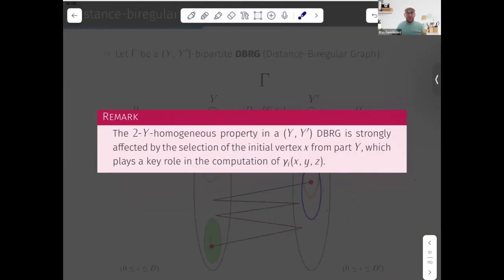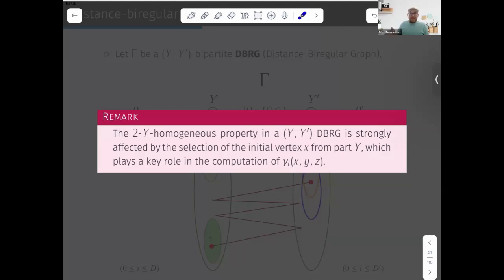And if we would like to consider the two-homogeneous condition in distance-biregular graphs, we have two intersection arrays which are considered to be different. This means that we really need to consider the partition where we start, where we pick our initial vertex x, in order to compute the scalar gamma_i of x, y, and z. So it really matters. We really need to consider this definition.